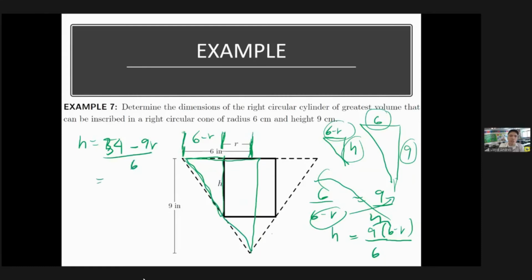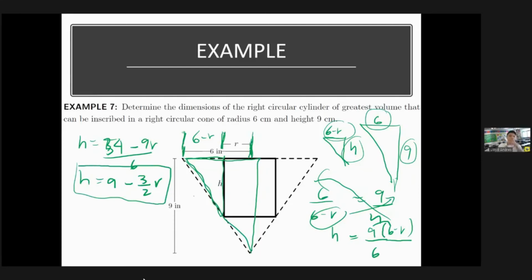So we divide both sides by 6, and we get 9 minus 3 halves r. 54 divided by 6 is 9, and 9 over 6 is 3 halves. So that is our h.